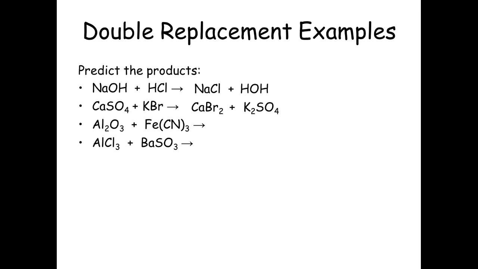You have Al2O3 and Fe(CN)3, and when you crisscross them and switch them up, you get Al(CN)3 and Fe2O3. And then the last one is AlCl3 and BaSO3, and when you crisscross them, you get Al2(SO3)3 and BaCl2. Remember, these are not balanced.